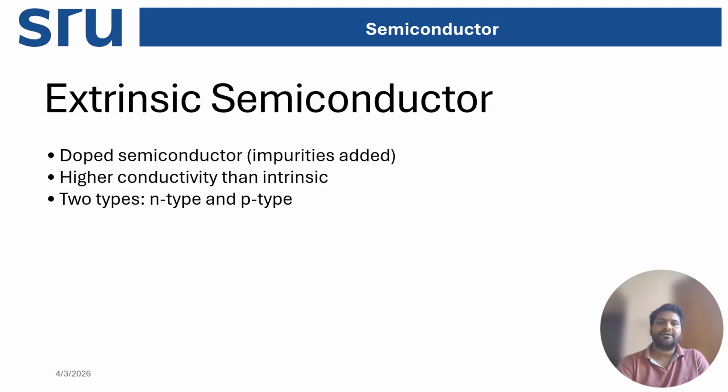an extrinsic semiconductor. So we can say that an extrinsic semiconductor is a pure semiconductor, that is silicon and germanium, with impurities added. What is an extrinsic semiconductor? An extrinsic semiconductor is a semiconductor whose electric properties are modified by deliberately adding impurity atoms.